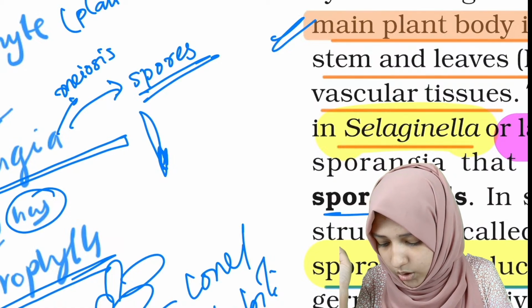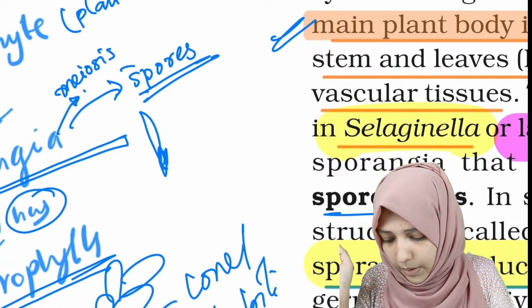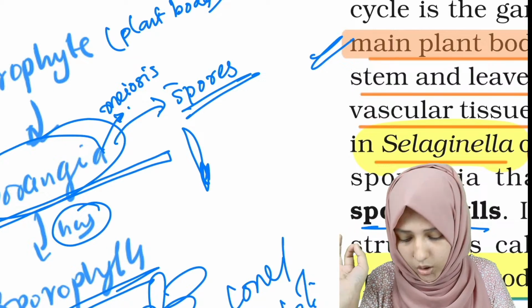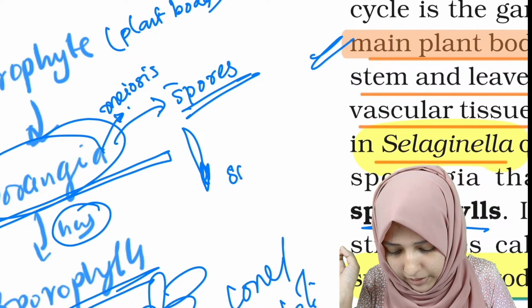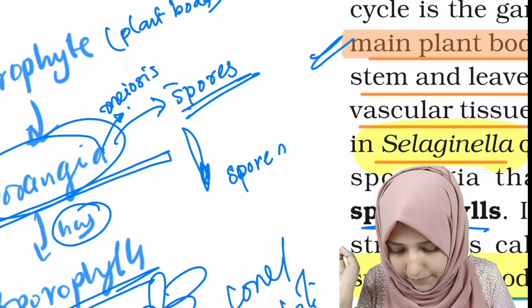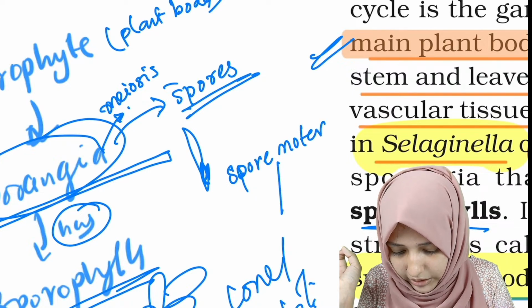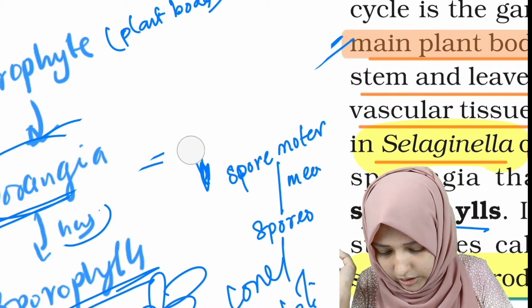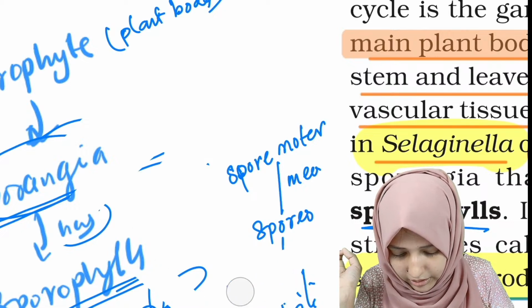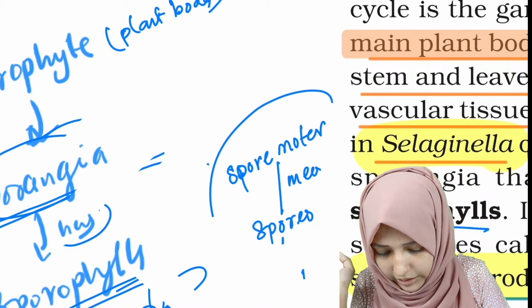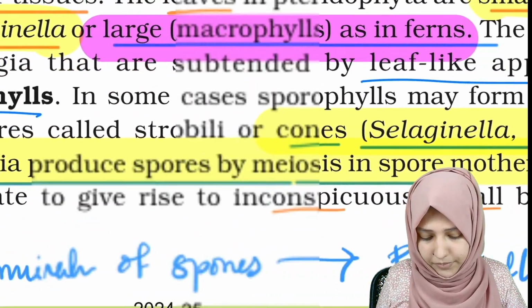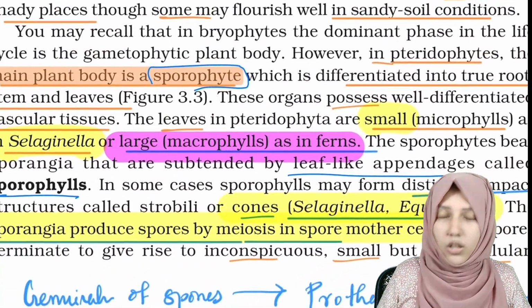But what undergoes the meiosis? Sporangia is the organ, and the spore mother cell in it will undergo meiosis to form spores. Just remember, the spore mother cell will undergo meiosis to form spores. Okay, done.